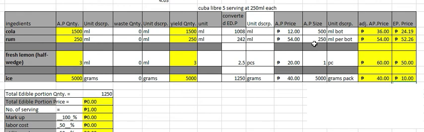Okay, sum. So now you have the expenses for the 5 ingredients, and the number of servings is 5. It is no longer the peso sign.